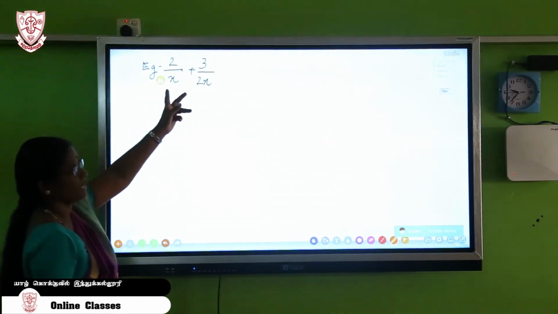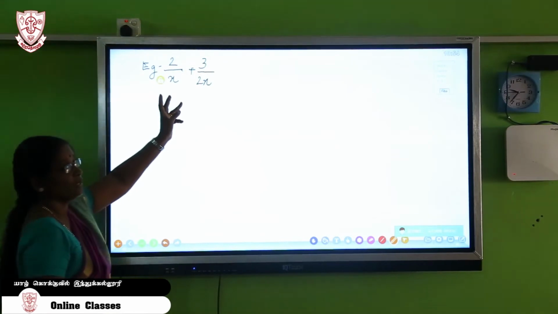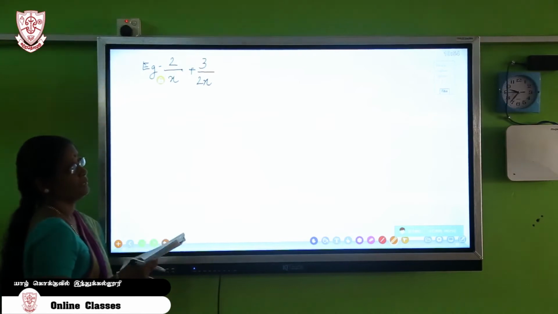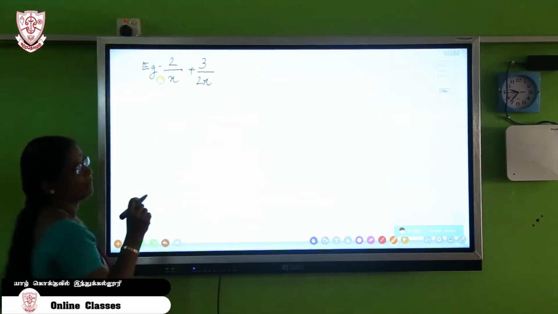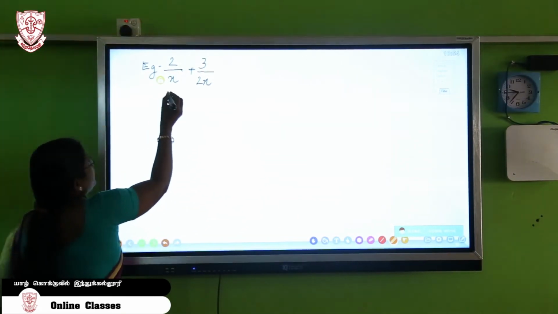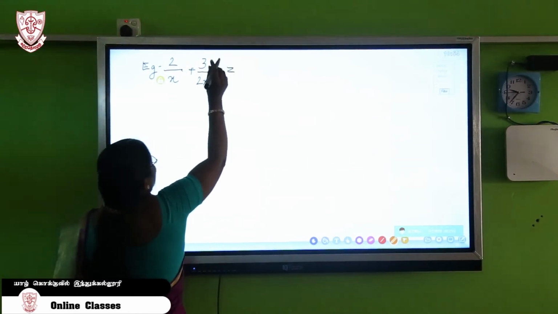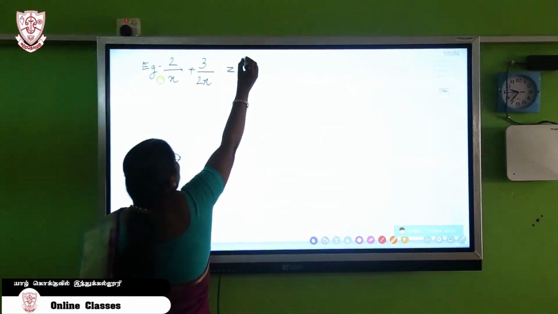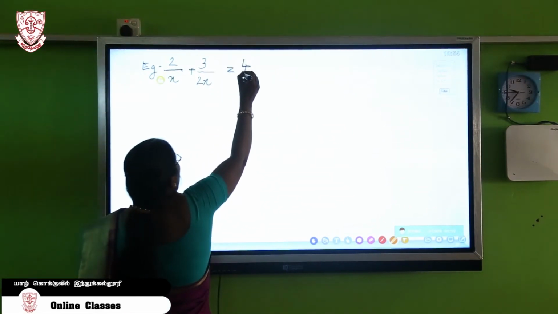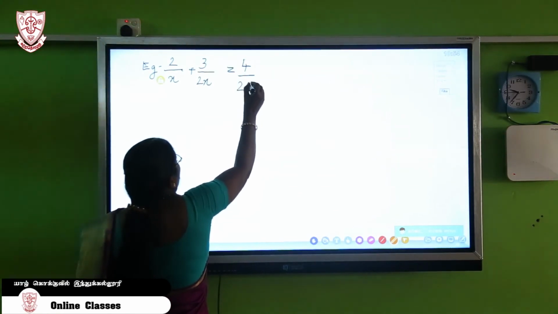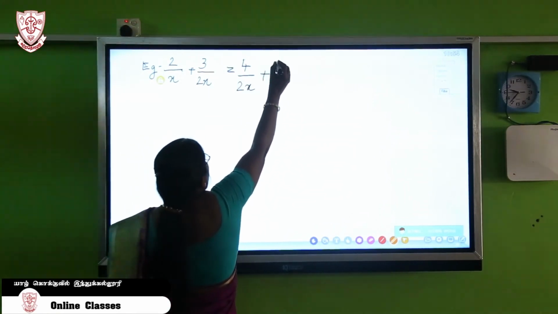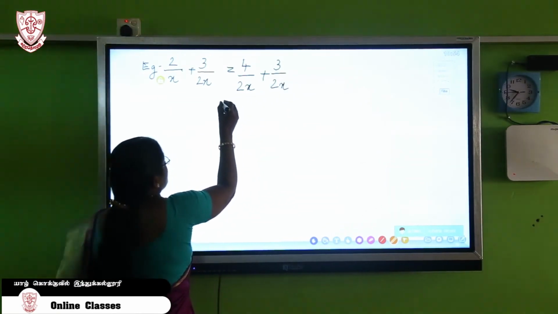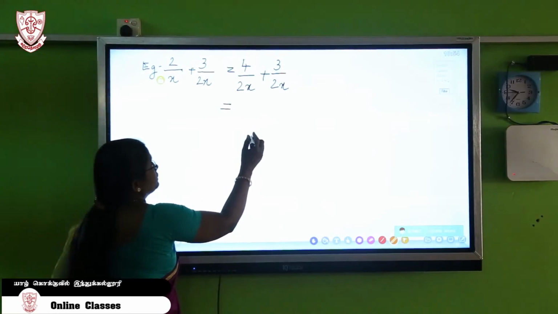So we can use an equivalent fraction to simplify. Change 2 over x to an equivalent fraction with denominator 2x. So we multiply both 2 and x by 2. So 4 over 2x plus 3 over 2x. Here the denominators are equal.